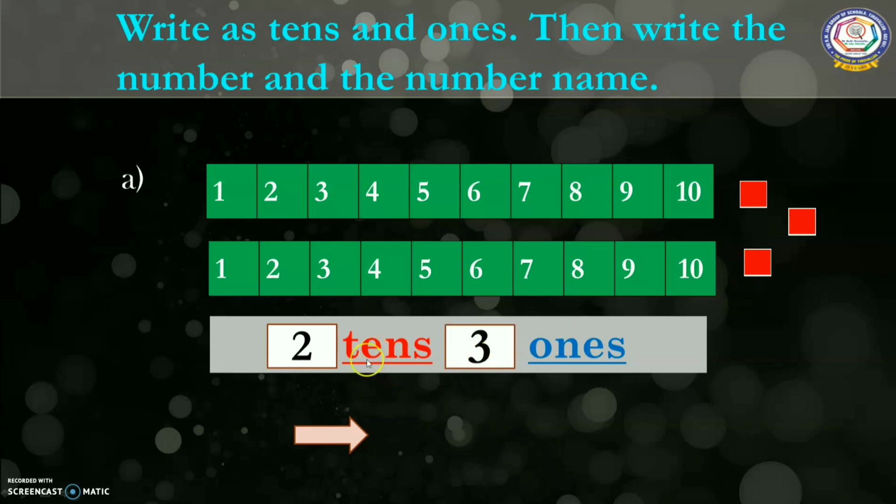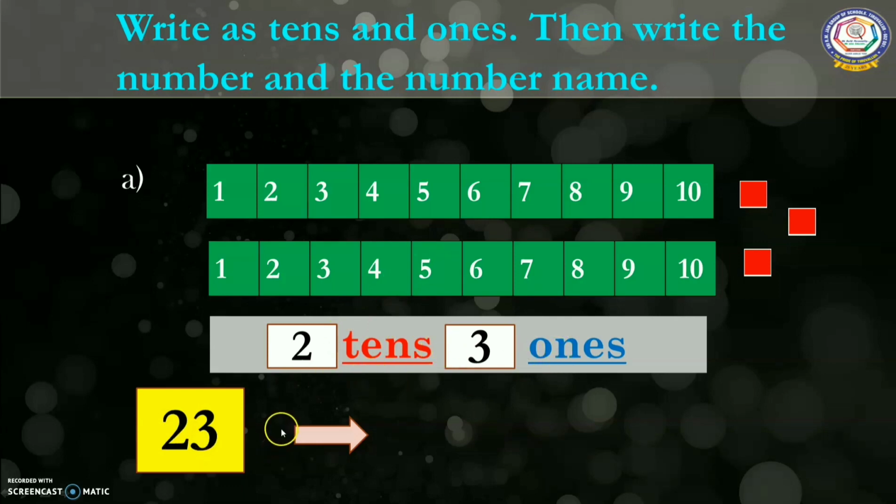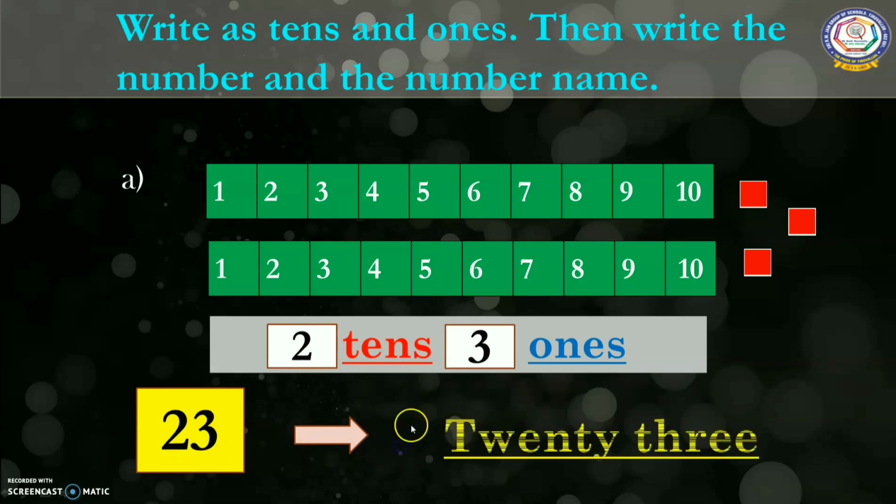So, there are totally 2 tens, 3 ones. 2 tens and 3 ones makes 23. Now we have to write the number name for 23. TWENTY 20, THREE 23.